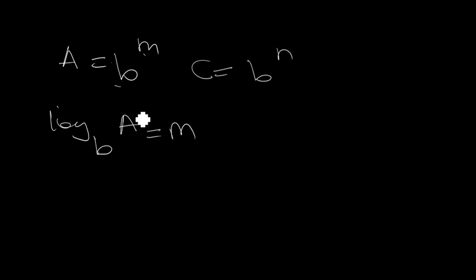Then the c there is the same thing. We write this exponential form into logs: log base b of c is equals to n, and the power will always be this side.